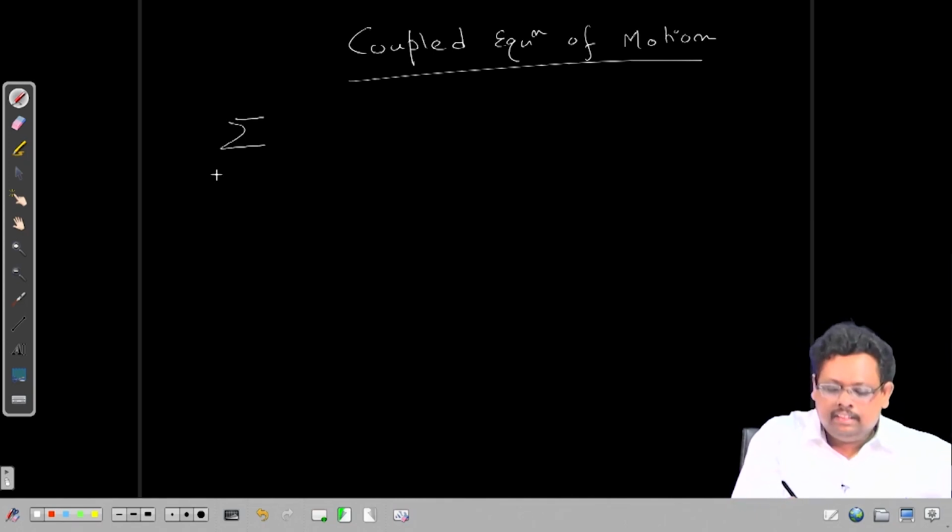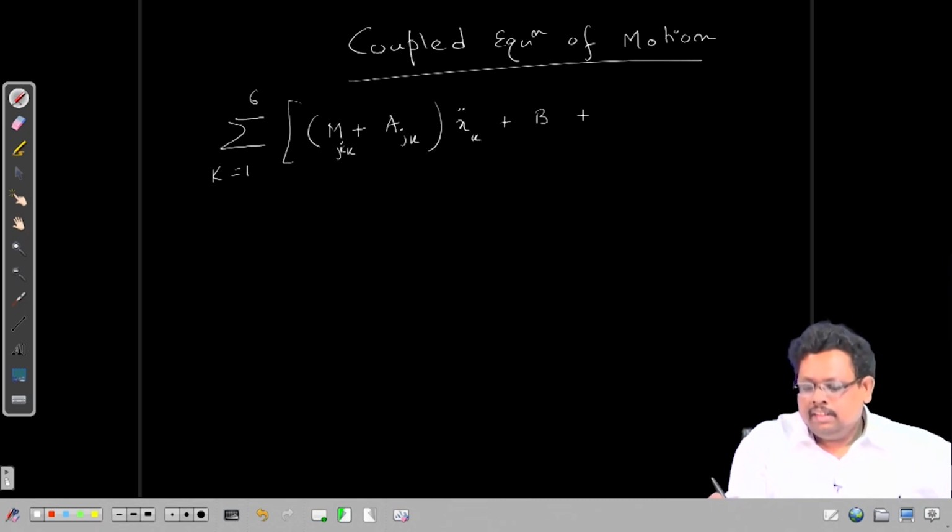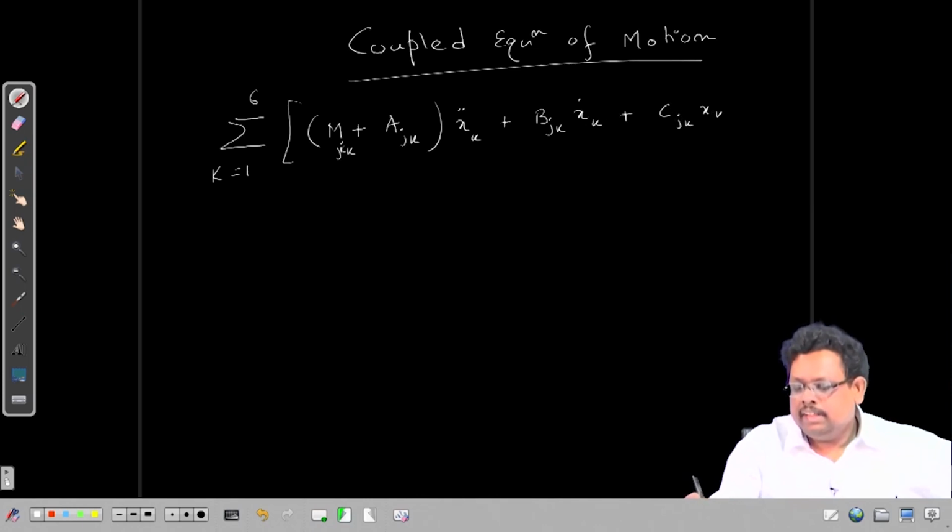Now, in the coupled equation of motion, if you remember, we are using the sum over k equal to 1 to 6 of m j k plus a j k x double dot k plus b j k x dot k plus c j k into x k is equal to f of j.